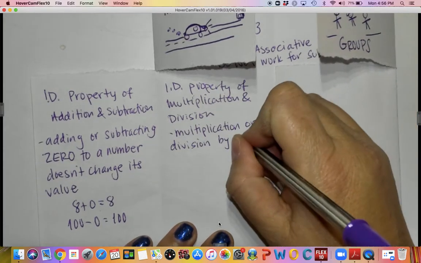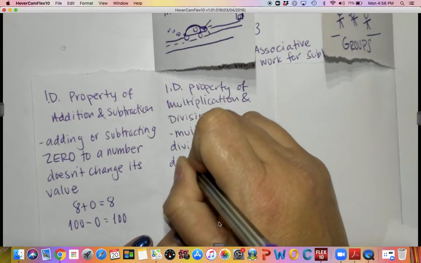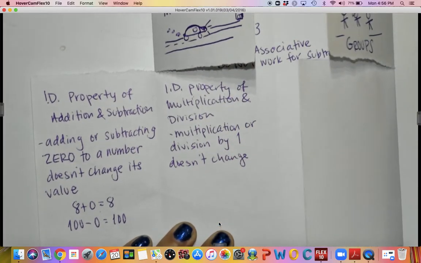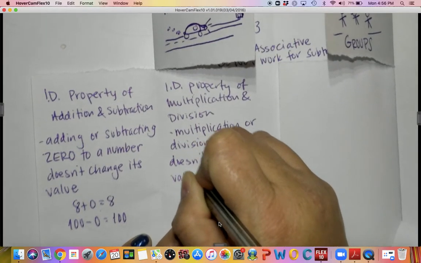I hope you said 1. It doesn't change its value.